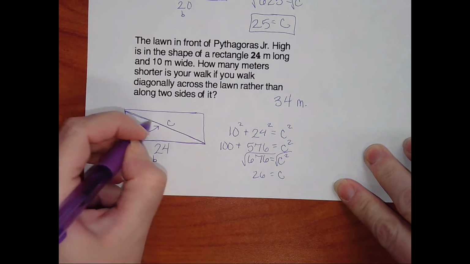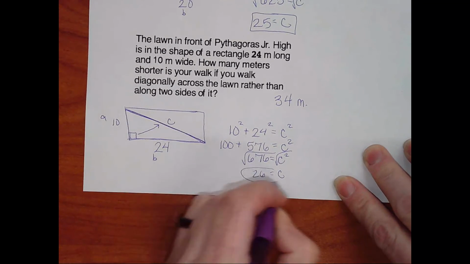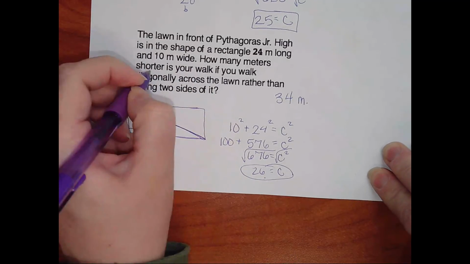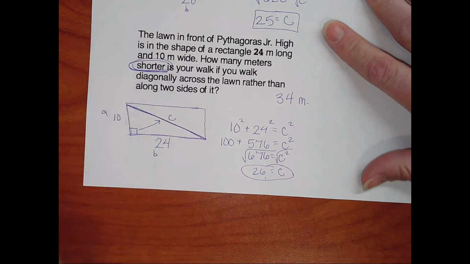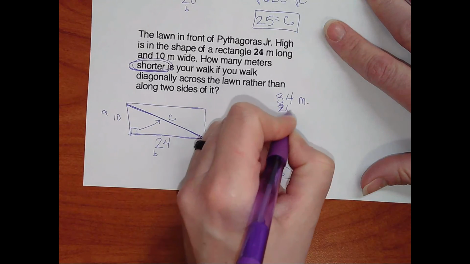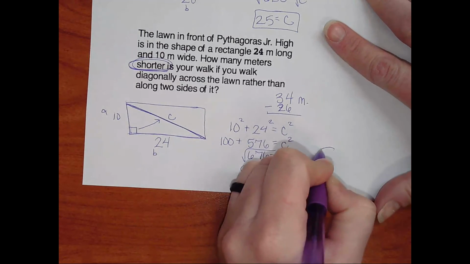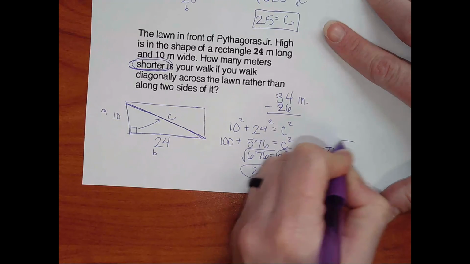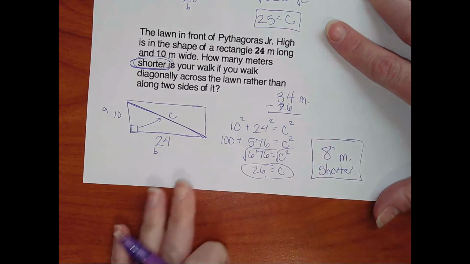So if we were to walk diagonally, it would only be 26, which is great, but that's not what they're asking. They want to know how many meters shorter would your walk be. So you take the 34, subtract your 26, and it actually would be 8 meters shorter. I like that question. You might want to make sure you take a look at that one.